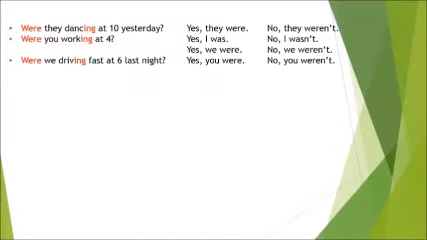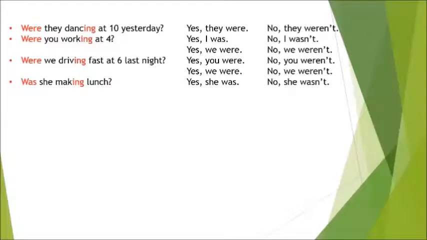We can ask ourselves an answer like, yes, we were. No, we weren't. So, for they, you, and we, start the question with were, and don't forget to add ing to the verbs.